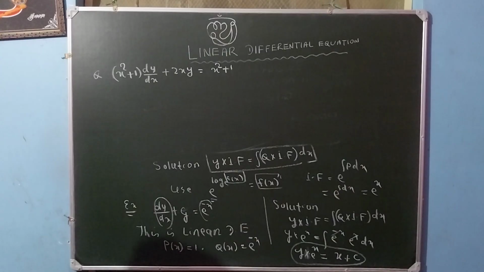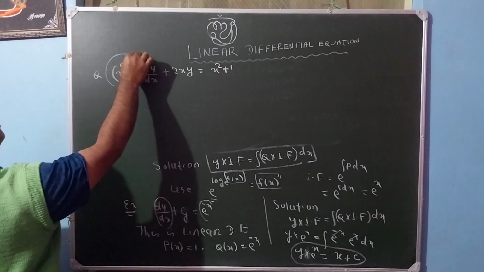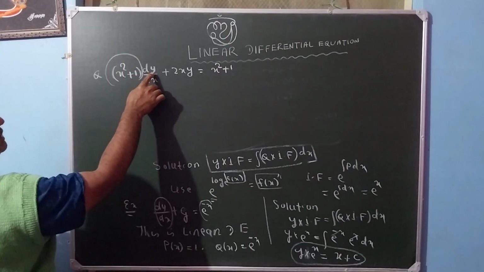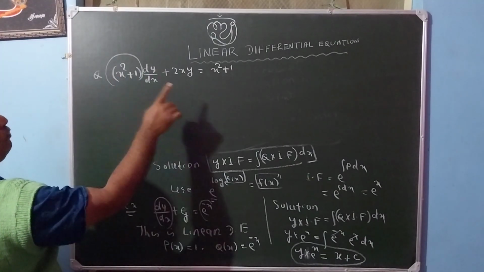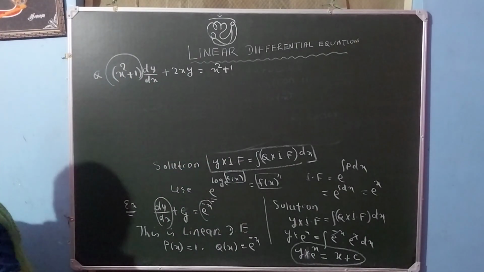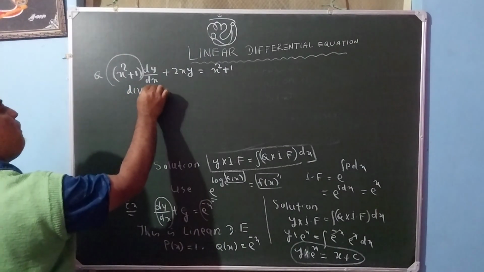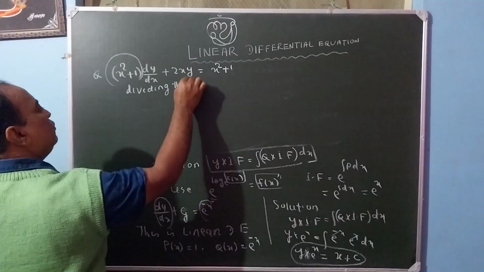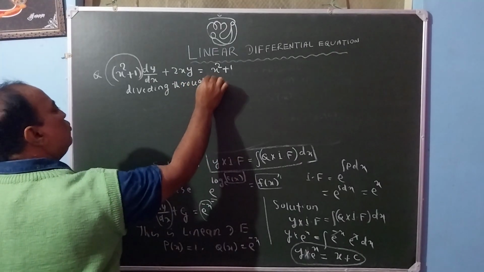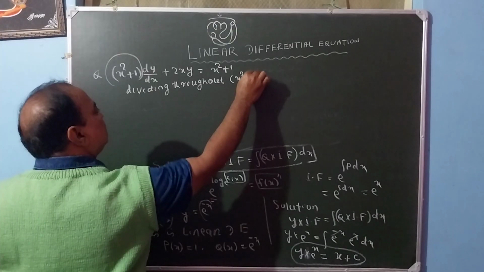Now it is not a linear differential equation. So the coefficient of dy/dx must be equal to 1. But here the coefficient of dy/dx is x square plus 1. First of all, we have to divide throughout by x square plus 1.